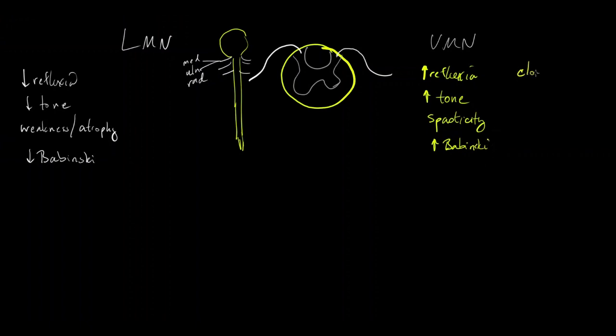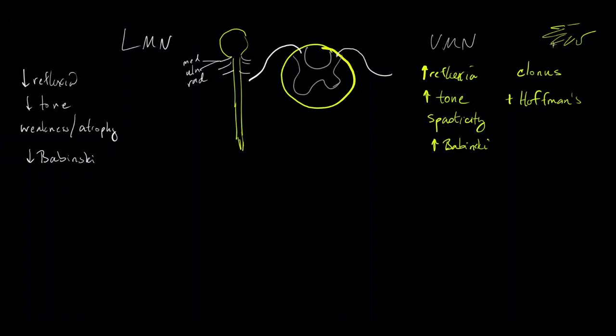One is clonus. One way to test for clonus is to forcibly dorsiflex the ankle, and you will have more than the normal 3 beats. If you have sustained clonus, that is an upper motor neuron finding. There's a sign called the Hoffman sign, in which you would take someone's middle finger.